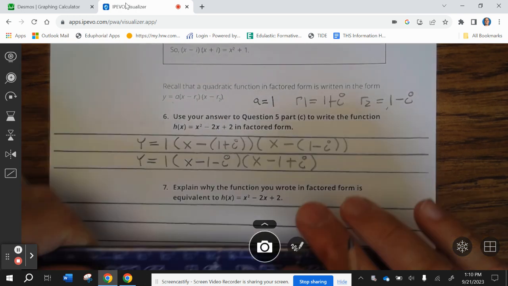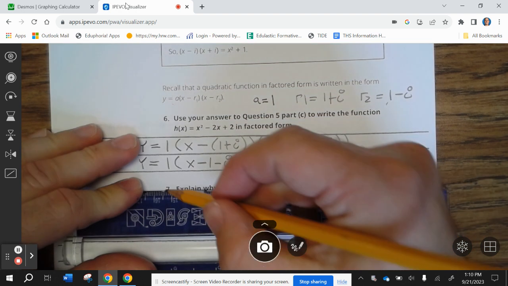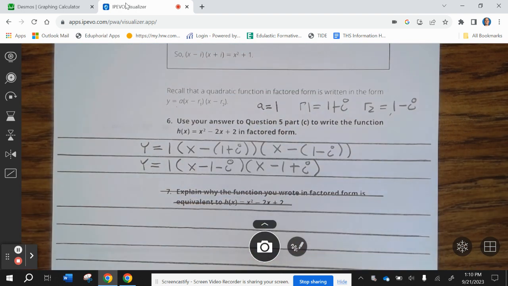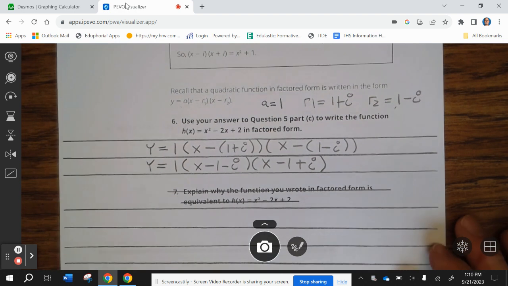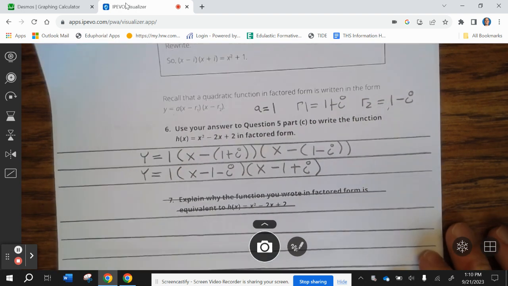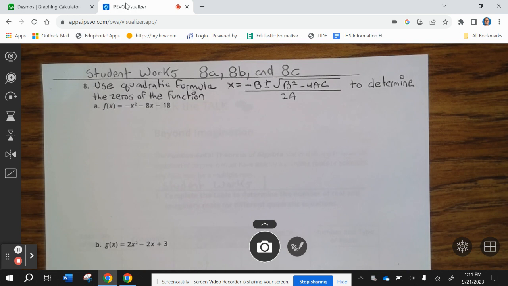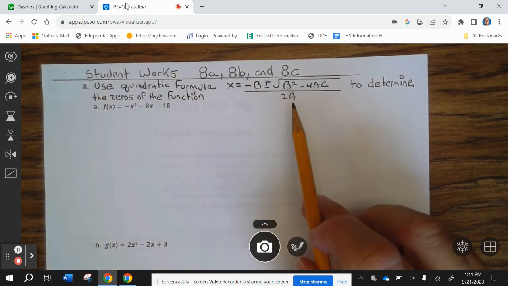All right, we're not going to worry about this question. Let's move on to the next. All right, student's going to work 8A, 8B, 8C using the quadratic formula.